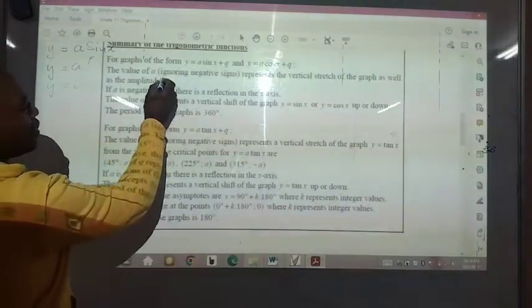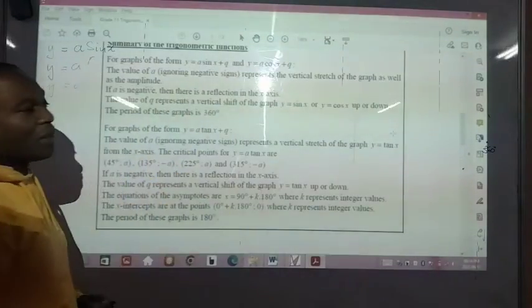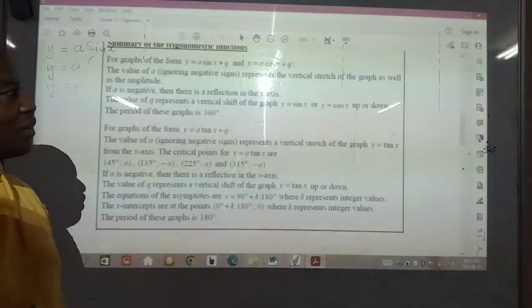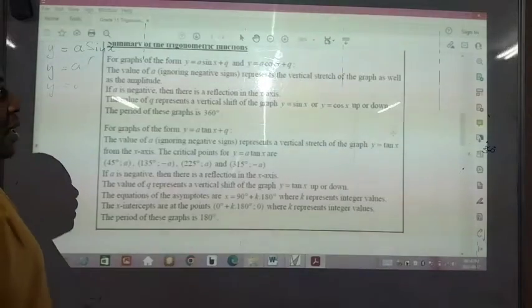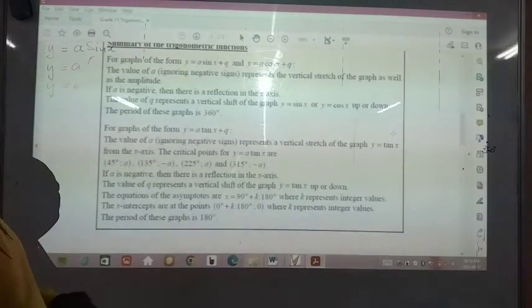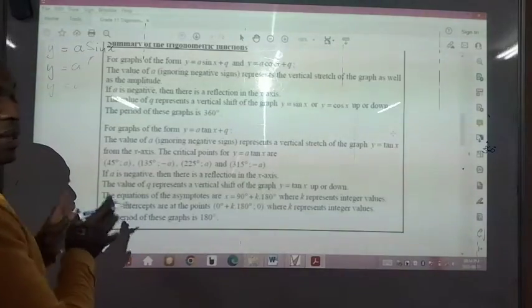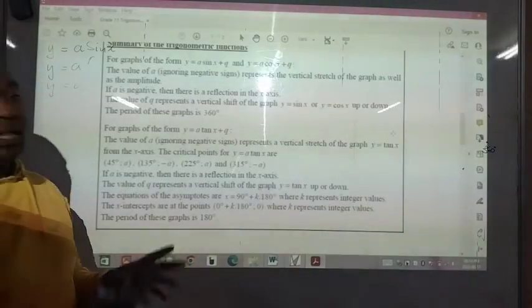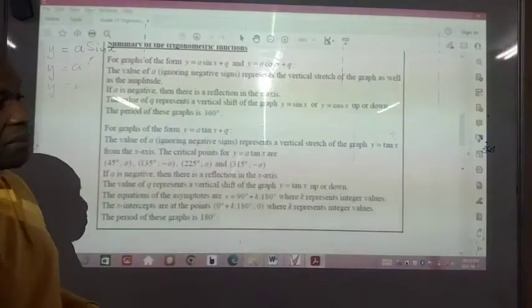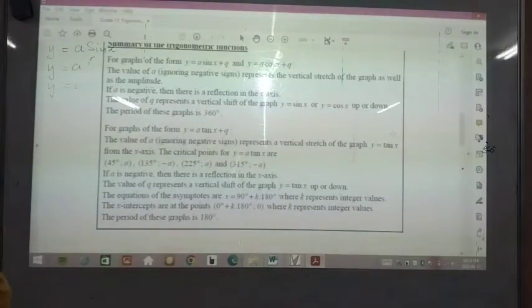So if you ignore the negative sign, you are only looking at the vertical stretch of the graph as well as the amplitude. So that means that the amplitude is only referring to the graph of sine and the graph of cosine. So maybe just to take a stroll on that concept.